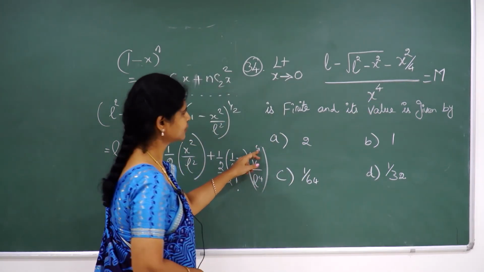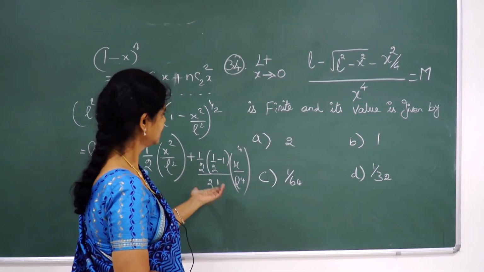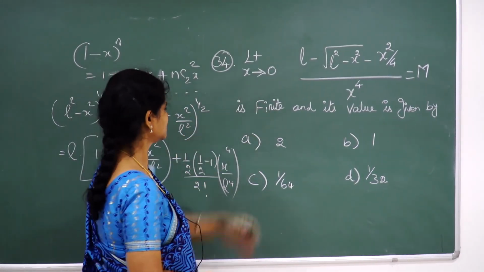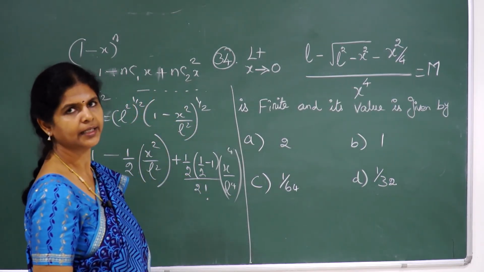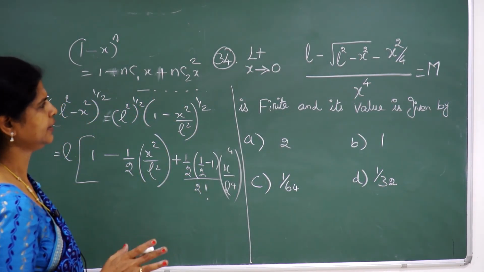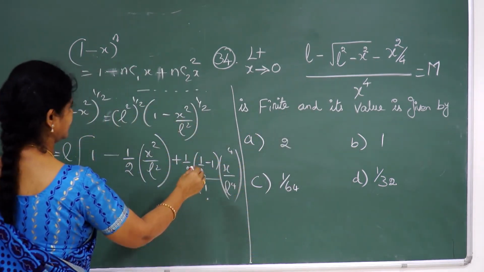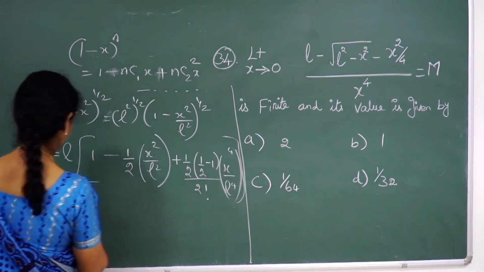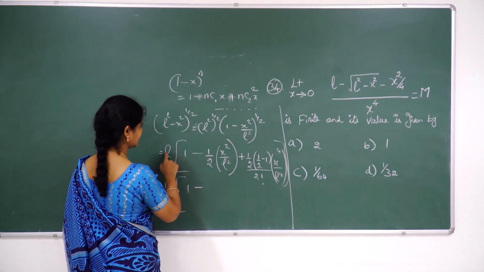Up to x power 4 you can get; the other terms become higher powers, which become 0 when x tends to 0. So you neglect the higher power terms and take only up to x power 4, which gives 2 terms.